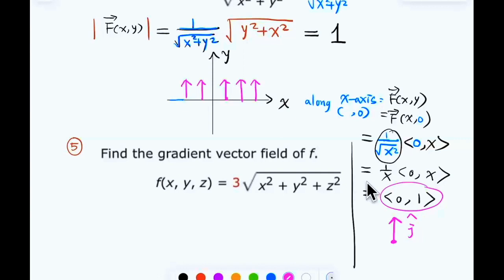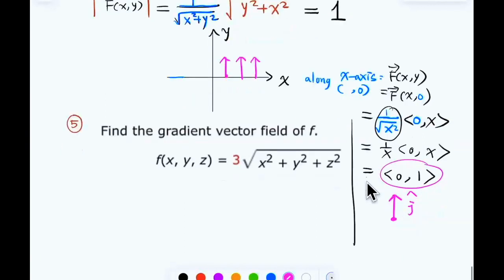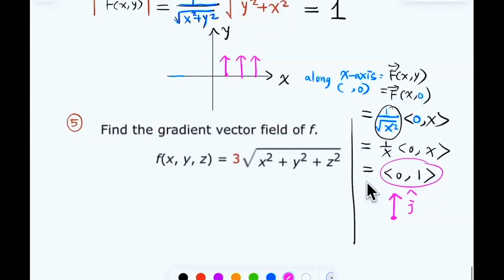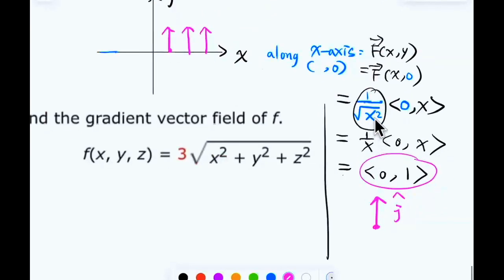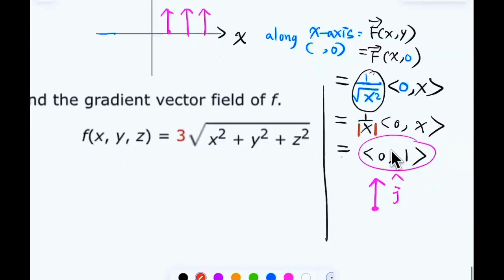Wait. Oh, when x is positive. When x is negative, oh, there's something here. This is when x is positive, right? Because 1 over the square root of x squared should basically be the absolute value of x, remember? So when x is positive, it's going to be 0, 1.